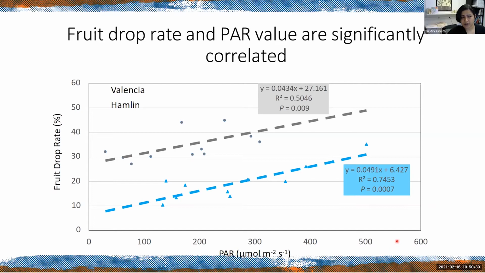So the thinner the canopy is, which means more light is going through your tree because you don't have as many leaves, the more fruit drop you see. So having a good canopy is really, really important. Investing in the canopy is one of the most important things that we think we have found so far. So a better canopy is where the investment needs to be.